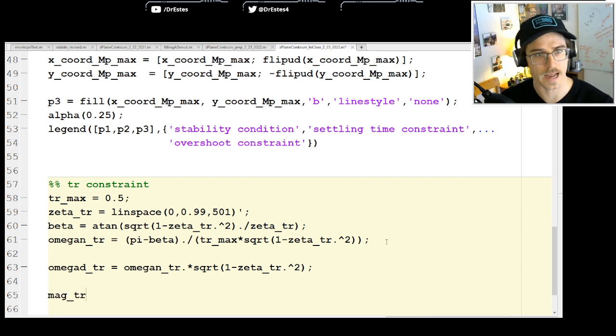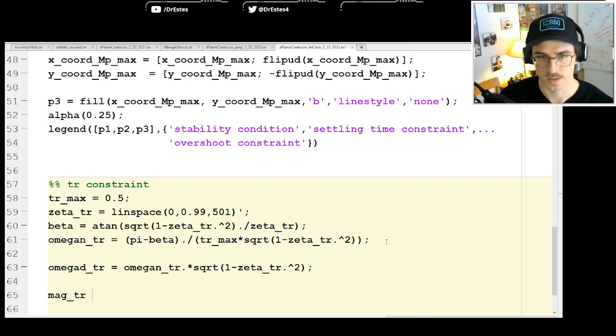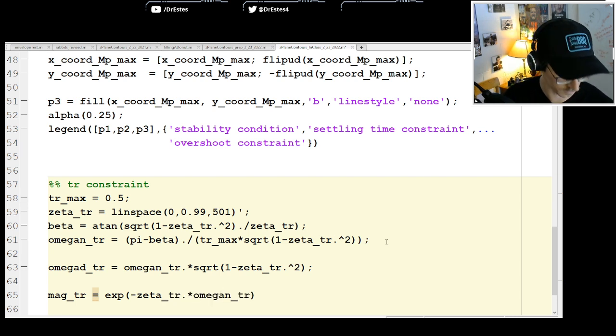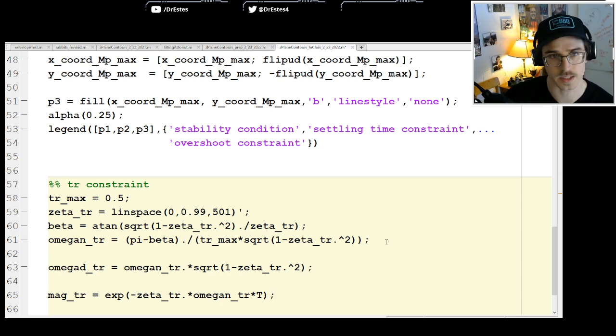Let's do the magnitude of the roots corresponding to this rise time constraint. So it's going to be e to the minus zeta times omega n times our sampling period. So we have zeta, we have omega n, so we can calculate the magnitude. Have that dot times again.